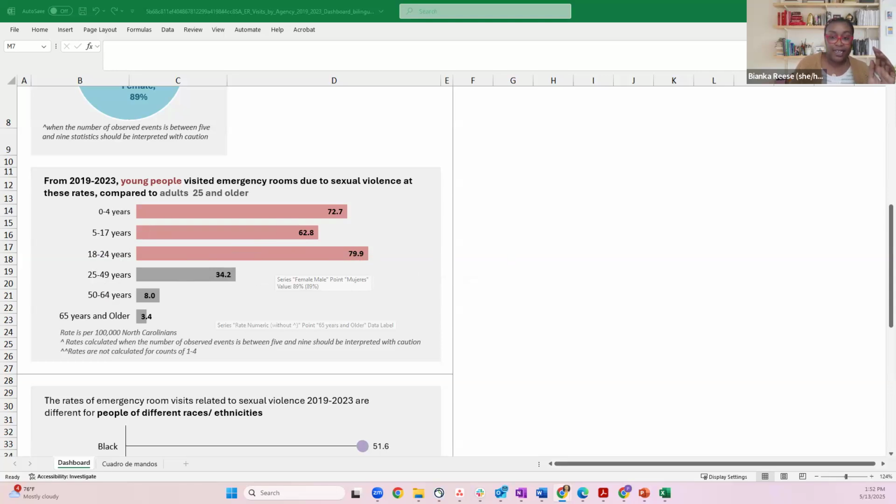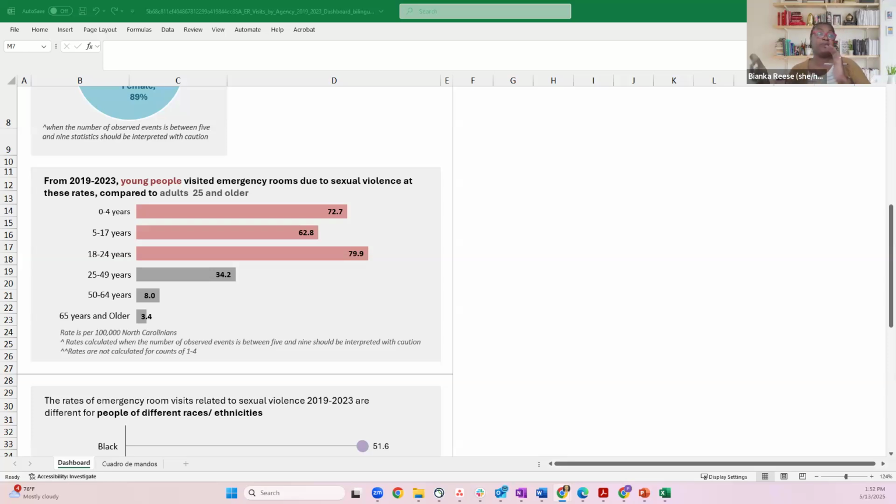Now, again, you have to interpret this by providing context to it. It might just be that older adults aren't seeking out care for sexual violence compared to younger children or young adults. It doesn't necessarily mean that they're experiencing sexual violence less.